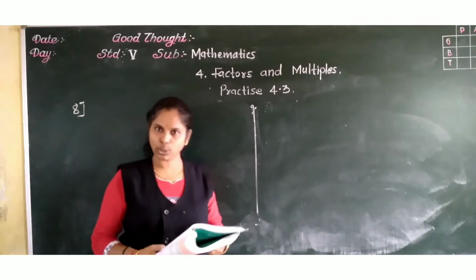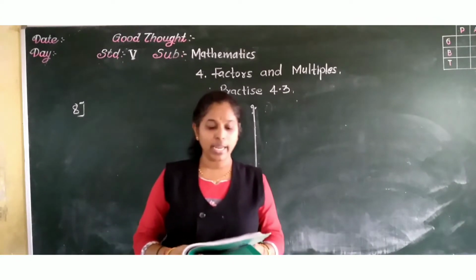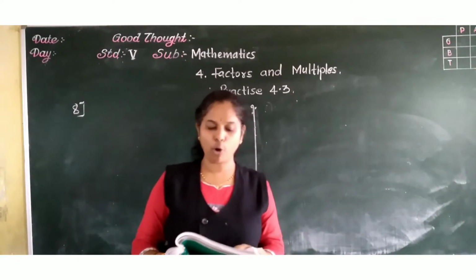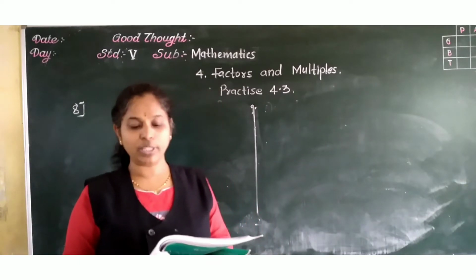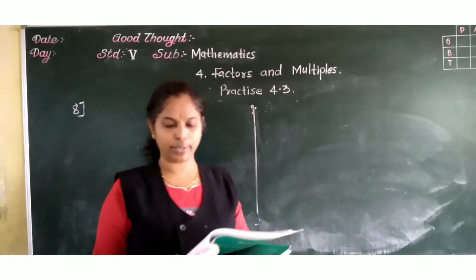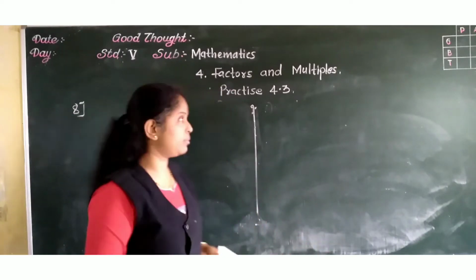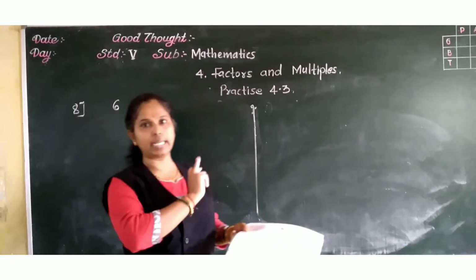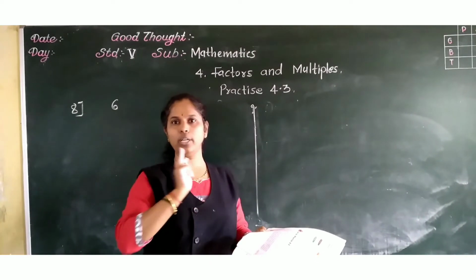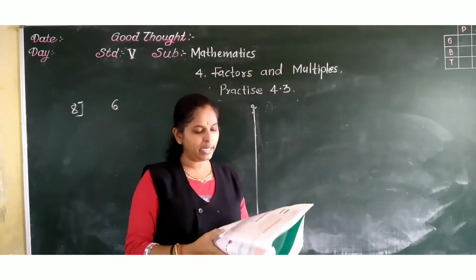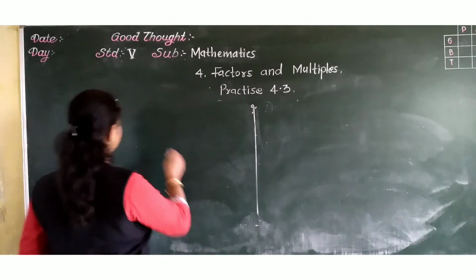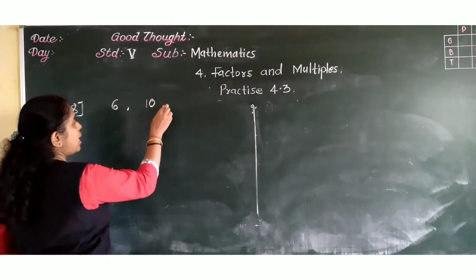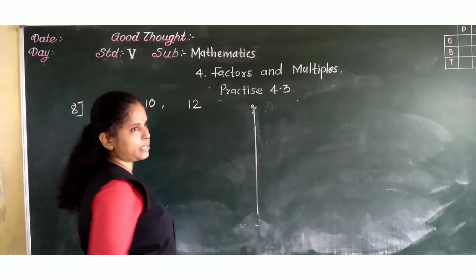Here is the 8th question. See, A, B and C go for a walk in a garden with a circular track around it. To complete one round, A takes 6 minutes, B takes 10 minutes and C takes 12 minutes.